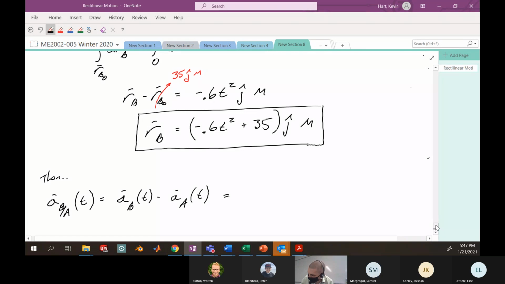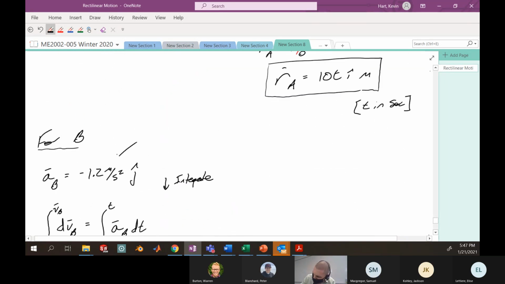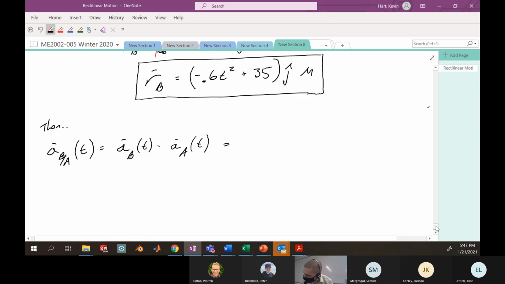I can just bang right through this. Acceleration of B here is negative 1.2 meters per second squared in j hat. And I'm going to subtract from that my acceleration of A, but the acceleration of A is 0 because we're moving at a constant velocity.